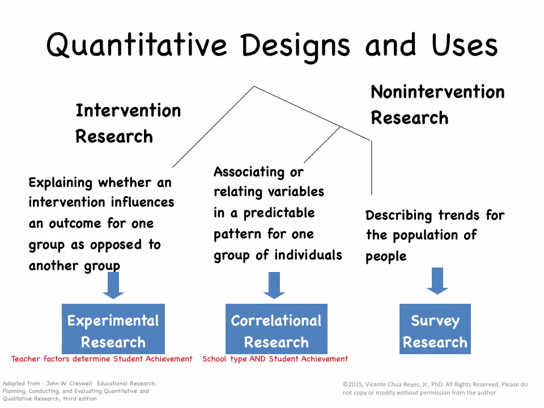If we look at survey research, defined as describing trends for the population of the people or the sample under the study, the theme student achievement differences between races is an example of how non-intervention research in the form of a survey research project can be pursued.